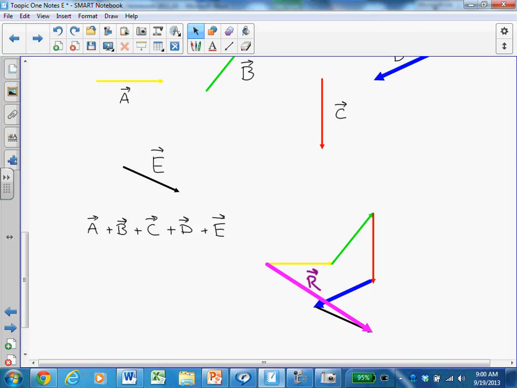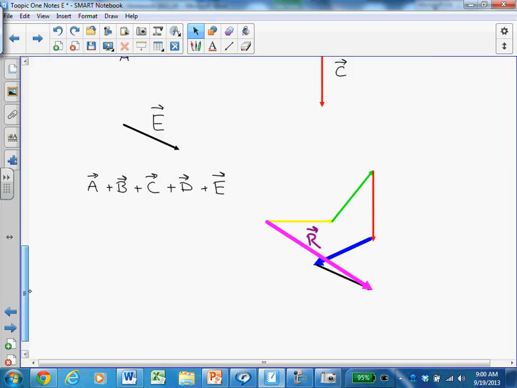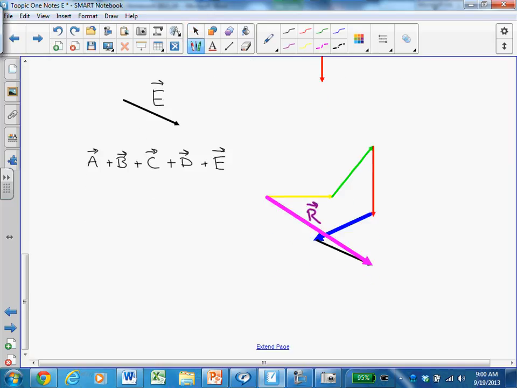Good. Now, what do you think would happen if we flip these around? Let's see. If we do that, E plus D plus C plus B plus A, what happens?